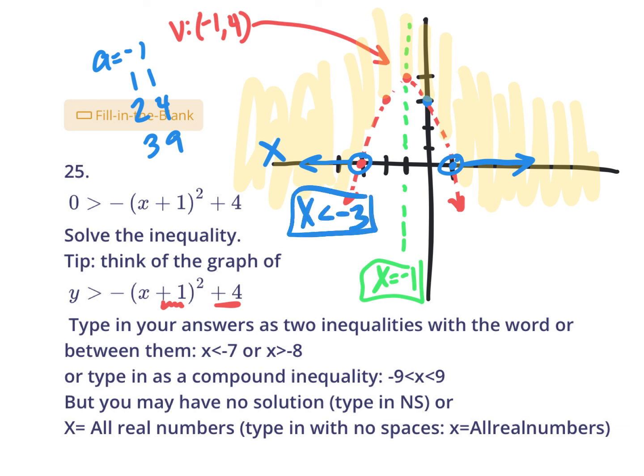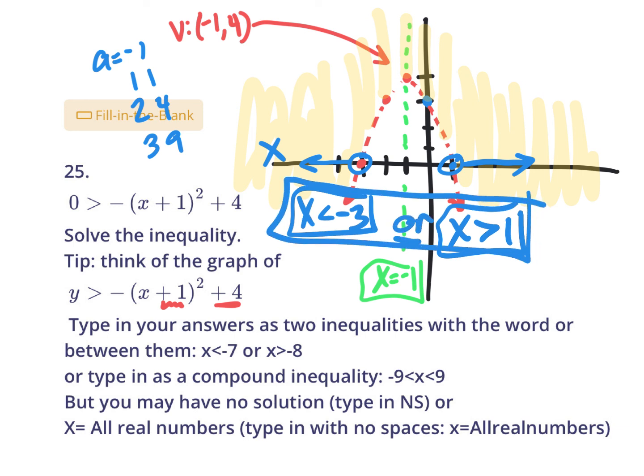That's one answer. And the other answer is x is greater than +1. Now, of course, you need the word or right between them. So there's your answer. x is less than -3 or x is greater than 1. You need the word or between them because the areas are going apart. They're either going that way or that way.